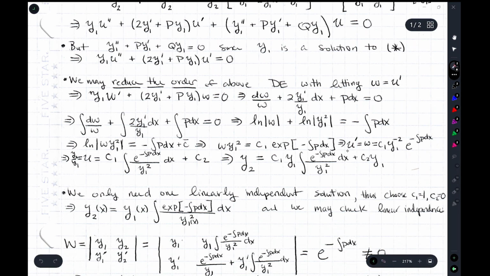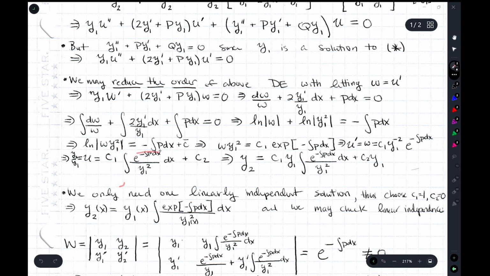And, well, we got u prime. And what are we going to do with u prime? We're going to integrate, okay? So we'll integrate to get u, and we'll have to integrate both sides. But what were we really after? We were after y2, and so you have y2 over y1 is equal to u, is equal to this integral, right?